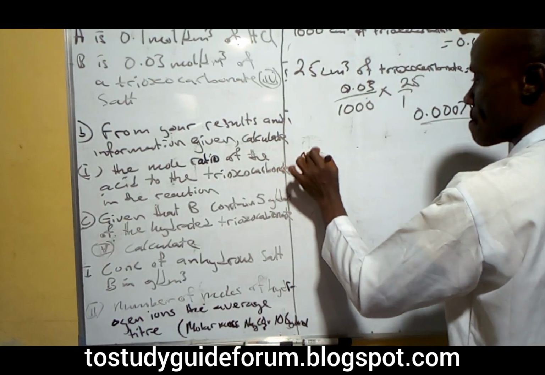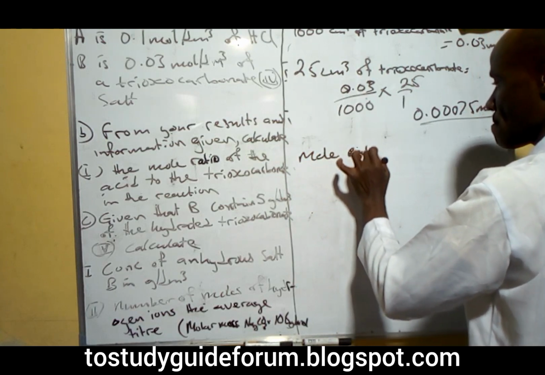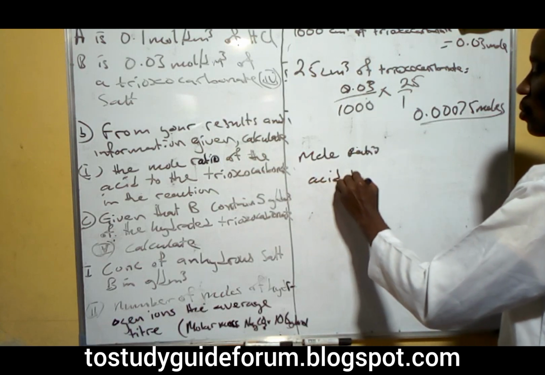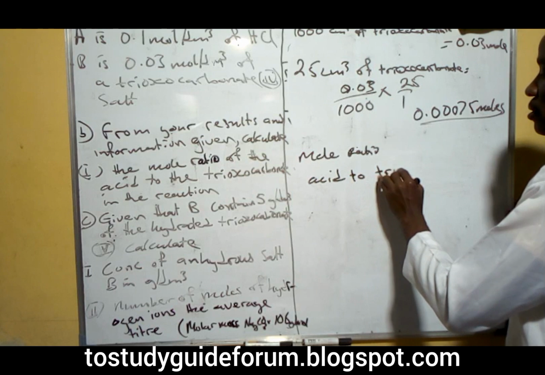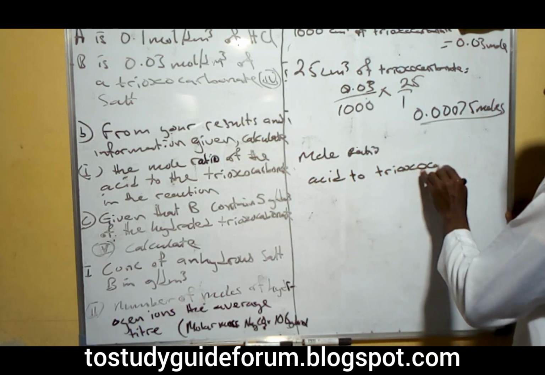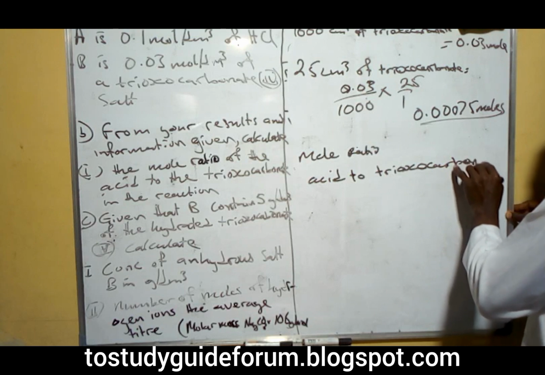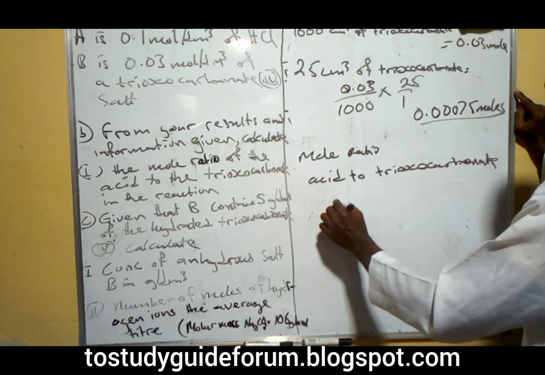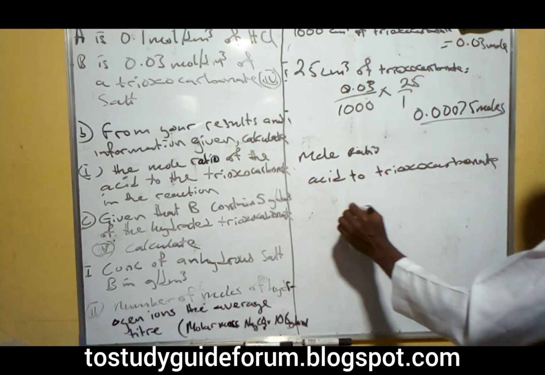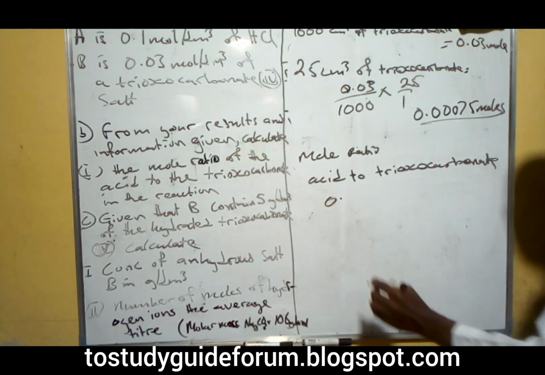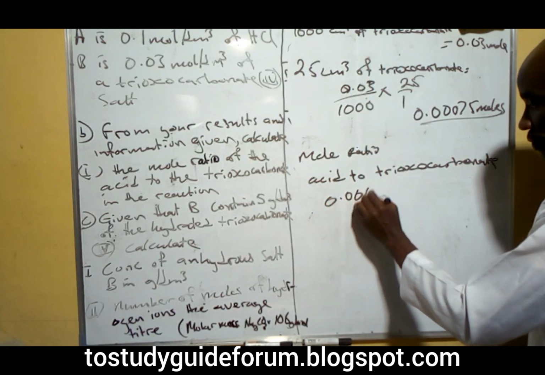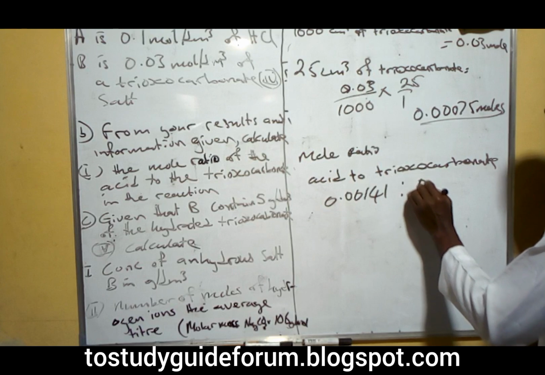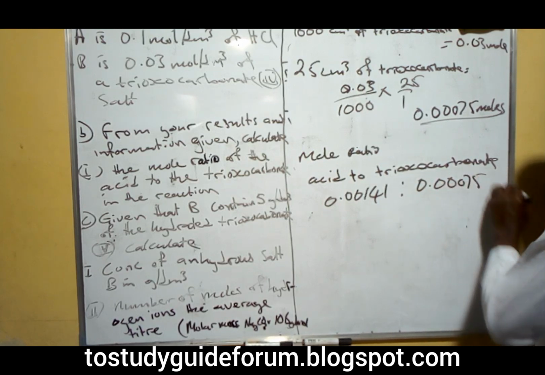So the mole ratio will then be that of acid to triacyl carbonate. That is to say, our triacyl carbonate, the acid is 0.004114 mole towards that of 0.00075.